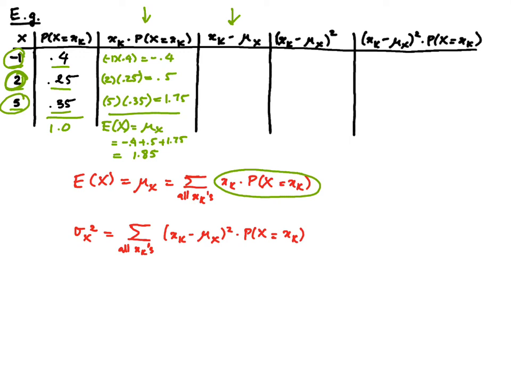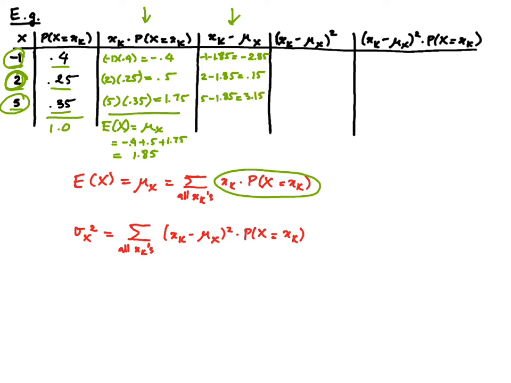In other words, we have -1 minus 1.85, that gives us -2.85. Then we have 2 minus 1.85, that gives us 0.15. And then 5 minus 1.85, that gives us 3.15.